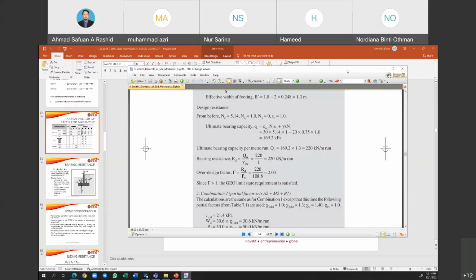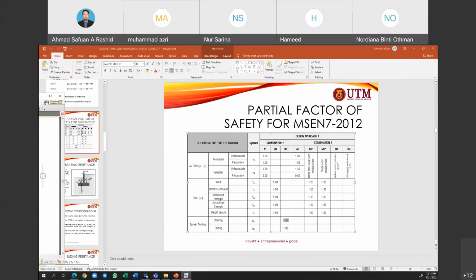For this example, when we look at MS EN7, there will be no difference between the partial factors of safety. However, in pile design, there will be a little bit of difference between the EN7 and the Malaysian standard EN7.